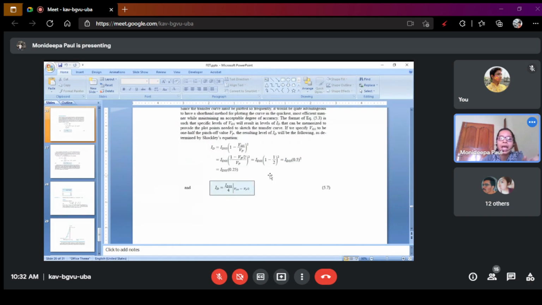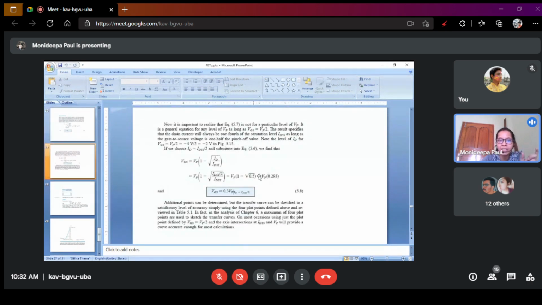The next assumption is that ID is equal to IDSS by 2. At that assumption, we get VGS is equal to 0.3 VP. These are the two assumptions we consider for drawing the transfer curve applying the shorthand method.